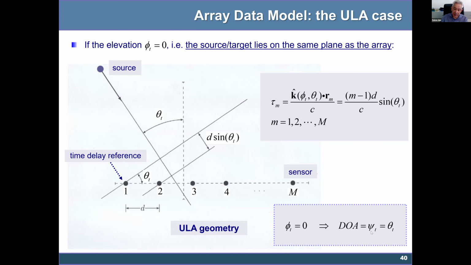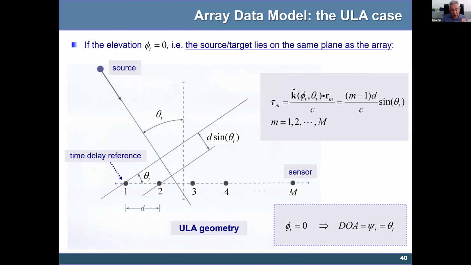And so in this case, the conic angle coincides with the azimuth. So we get an estimate of the direction of arrival by estimating the azimuth, because all the geometry is planar. Okay. So remember, this is very important. By using a linear array, you can't estimate separately azimuth and elevation.